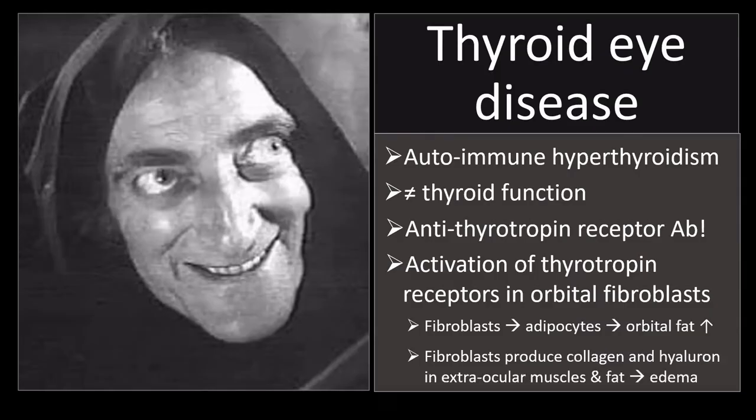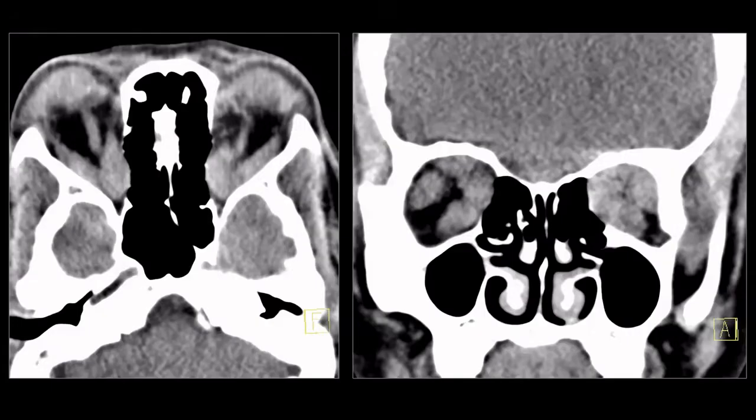And furthermore, these fibroblasts produce collagen and hyaluron in extraocular muscles and fat, leading to edema in the extraocular muscles and fat and the development of muscle enlargement, orbital fat increase, and proptosis. This is another patient with thyroid eye disease. We see axial and coronal CT images, and we see diffuse enlargement of basically all extraocular muscles.